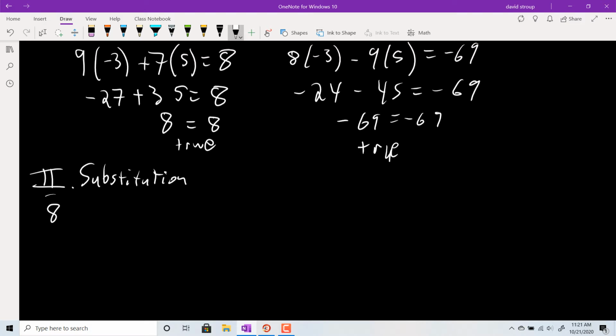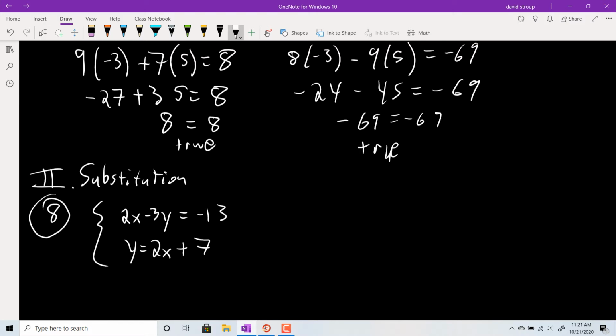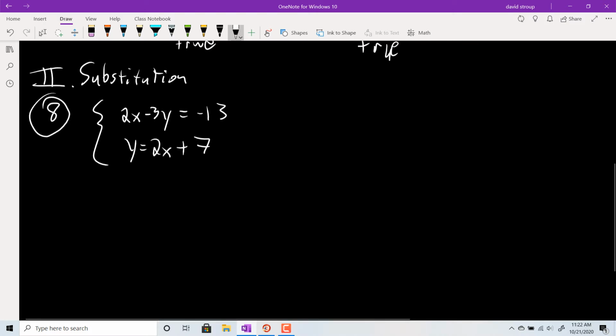Okay, so problem 8, we're given our system 2x minus 3y equals negative 13, and then y equals 2x plus 7. So what I do first is to get one of the equations solved for one of the variables, and in this case we already have that. The second equation is solved for y.